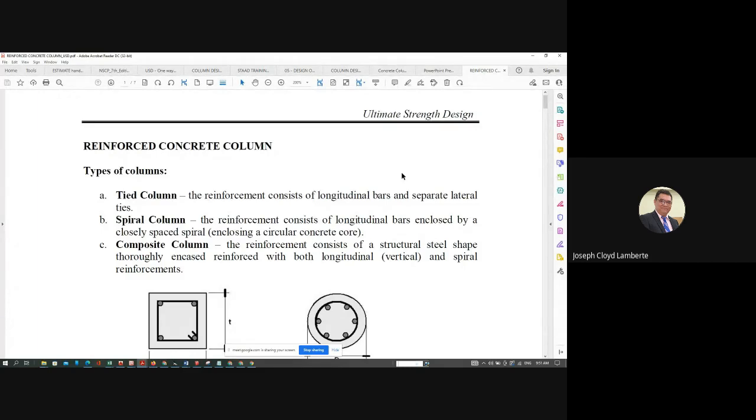So the difference is that the tied column is a reinforced concrete column wherein the reinforcements consist of longitudinal bars, which is the common one. However, it is separated.